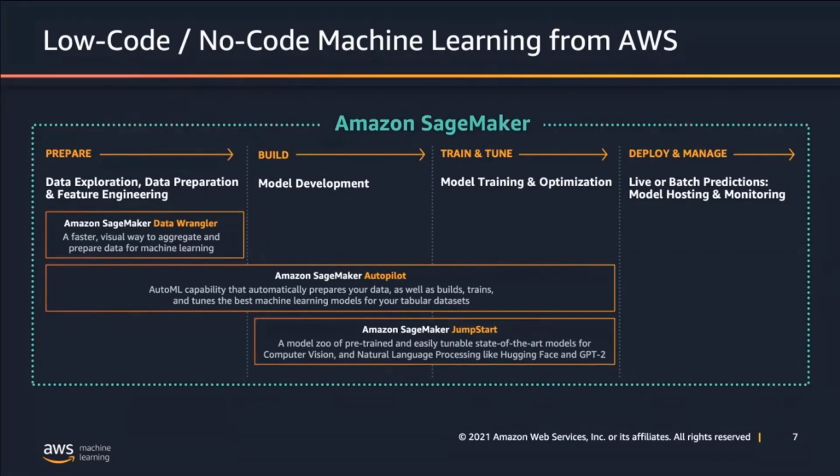Super simple. Then the second capability is called Autopilot, and you can think of it as AWS's AutoML capability. You can give it a tabular dataset, and then it automatically creates a set of data preparation pipelines, develops different ML models, and considers a very big set of hyperparameters, and eventually gives you back the most optimal combination of all those.